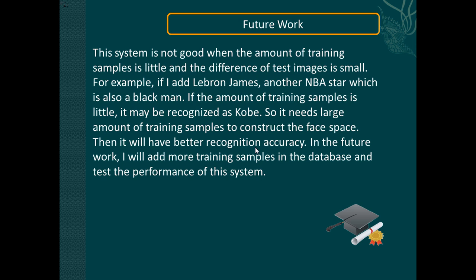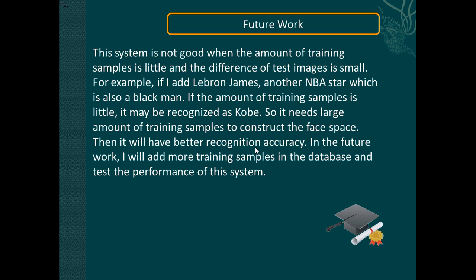However, this system is not good when the amount of training samples is small, like what I did in my project, where there are only 9 pictures. Another factor is that the difference between test images is small.